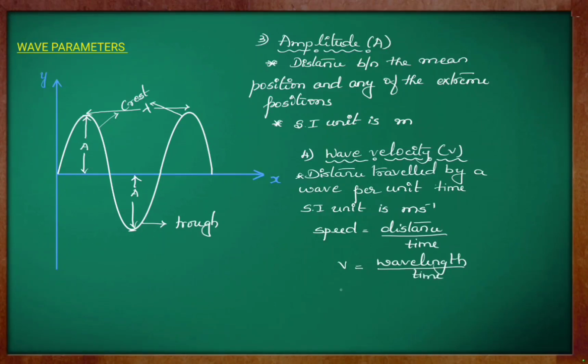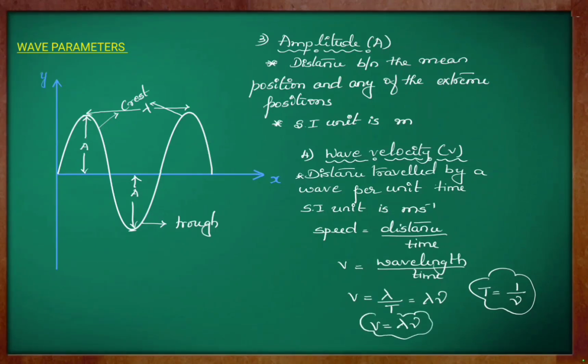So the relationship between speed, wavelength and frequency is v equals wavelength lambda divided by its time period T. Also we have another relation between time period and frequency as 1 by nu. So we can write this as lambda into nu. Velocity is the product of wavelength and frequency.